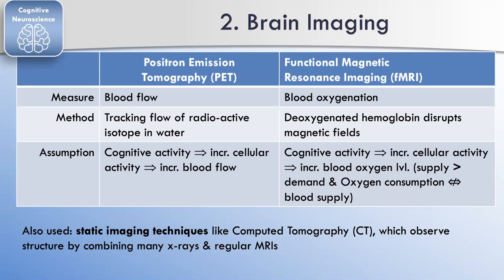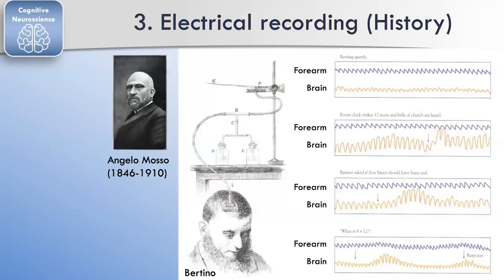But also, you want to non-invasively figure out what's going on, because causing damage to the brain might change the underlying effect. And so that's what we're going to get to with some forms of electrical recording, which is another approach that is common.